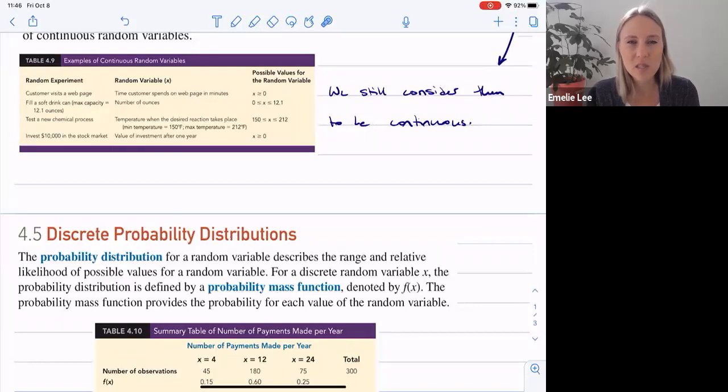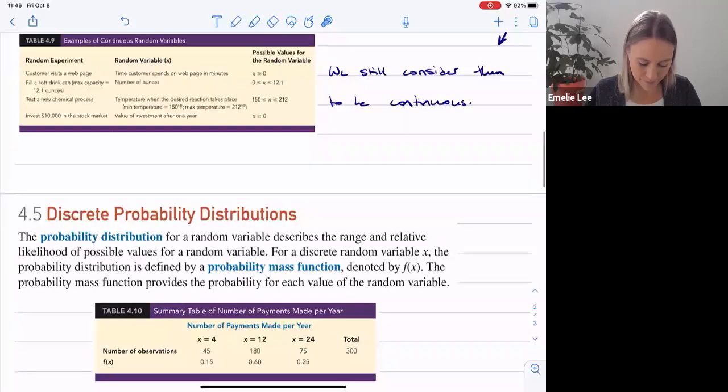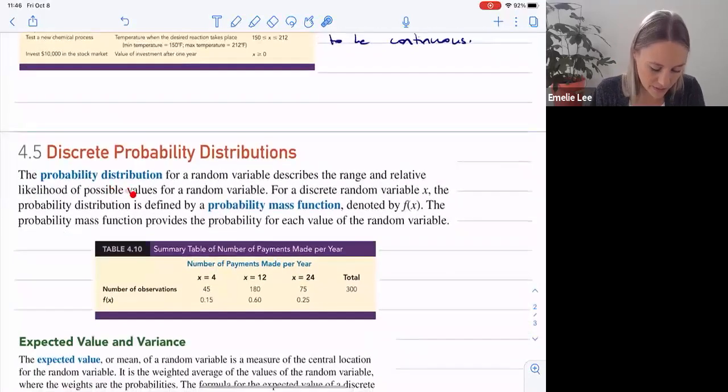This is just a refresher on that. I also want to talk about expected values and the variance of discrete random variables. Okay, so the probability distribution.